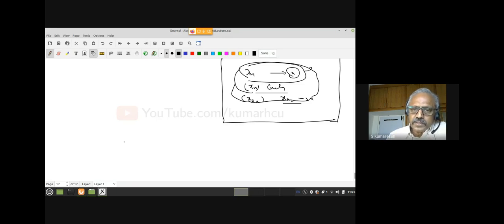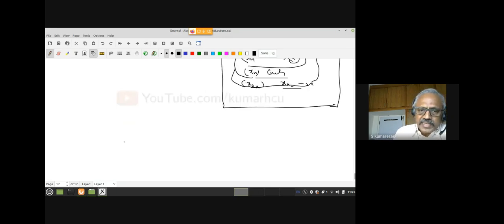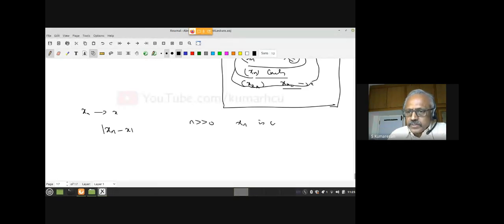Okay, so I want to prove that. When I want to say x_n converges to x, again remember, that means I have to estimate. Because what does it say? If n is very large, x_n is close to x. That is, |x_n - x| is small.